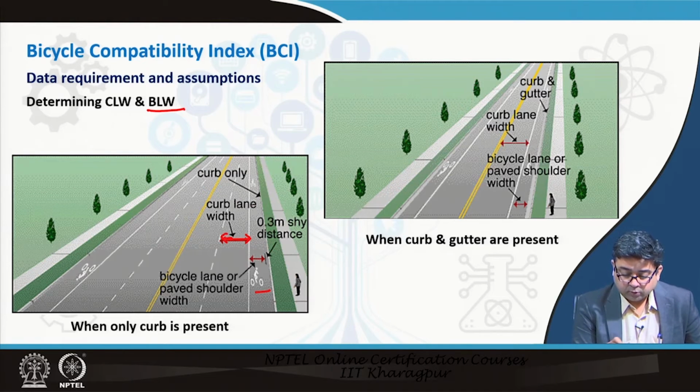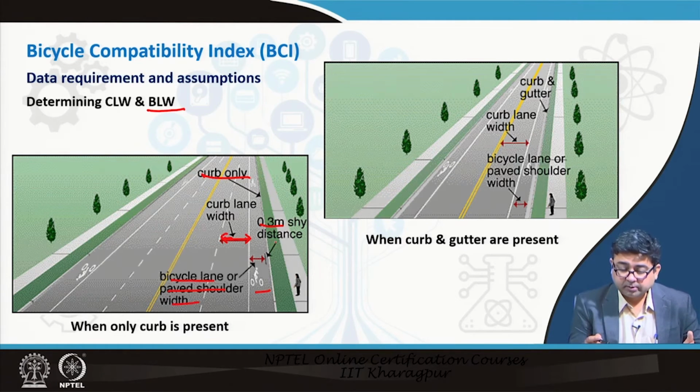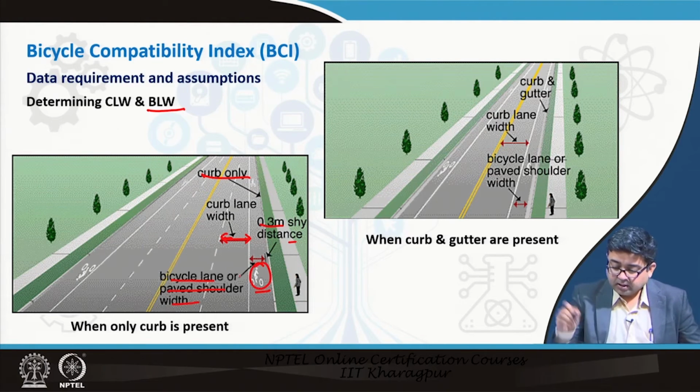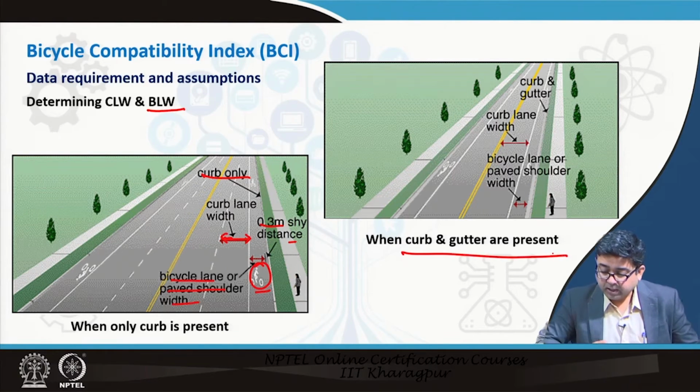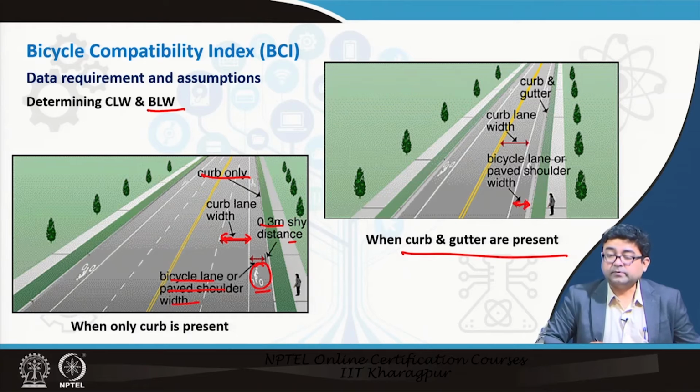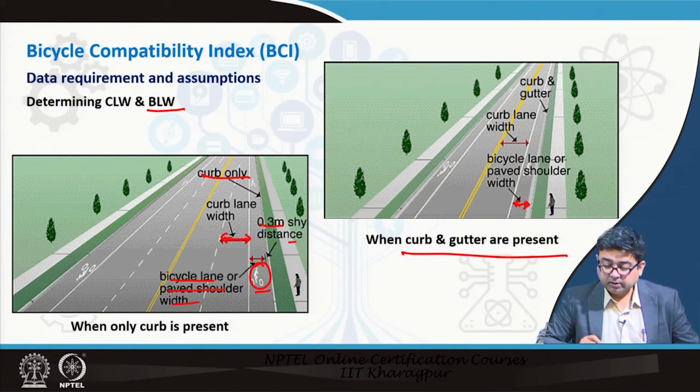If only a curb is present, again the width of the bicycle lane or the paved shoulder should be 0.3 meters, incorporating the 0.3 meter shy distance from the curb, right. Similarly, when both curb and gutter are present, it is just from the gutter line to the paved shoulder or the bicycle lane. So, that will give you the width.